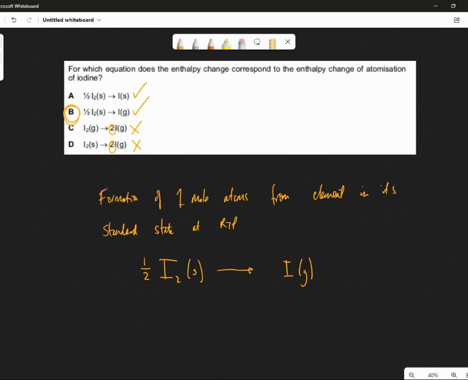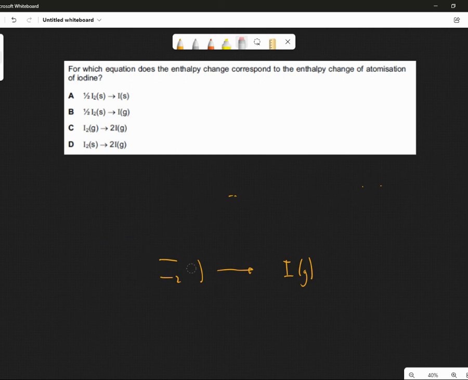Sir, what's the difference between enthalpy change of atomization and of formation? Oh, okay. It's a good question. Let me get rid of some of this rubbish. Let's have a look at the enthalpy changes.